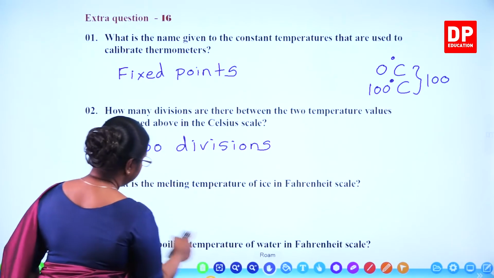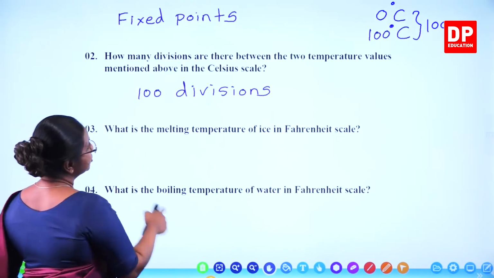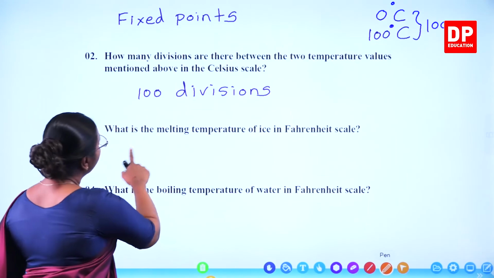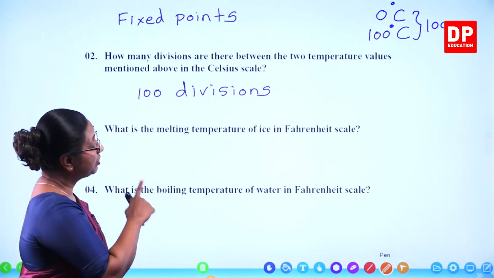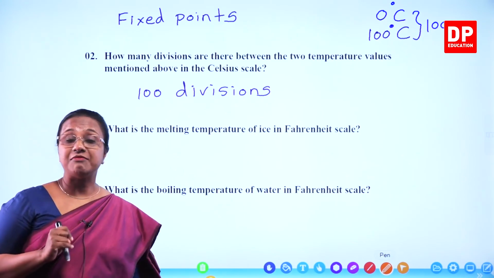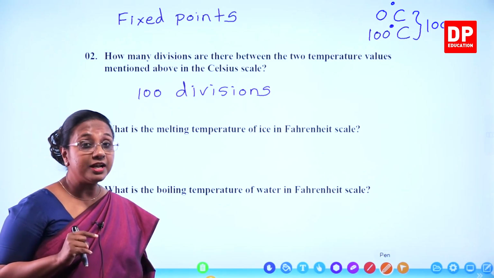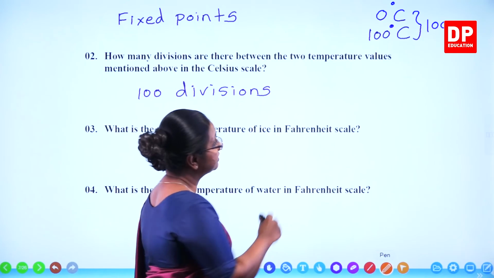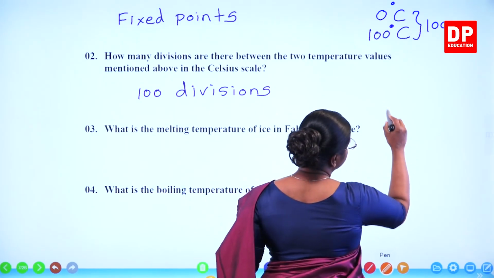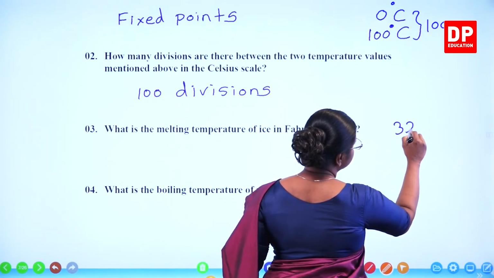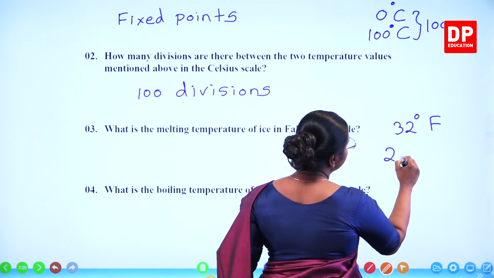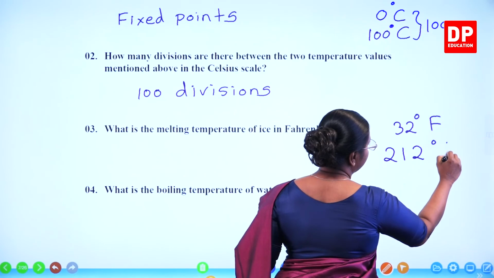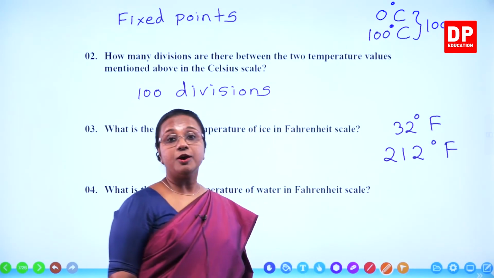Then, if we look at the next question, what is the melting temperature of ice in Fahrenheit? Now, you can remember Celsius scale and Fahrenheit scale, they are different values. In Fahrenheit scale, the temperature, that is the melting point of ice, is 32 degrees Fahrenheit. And if you can remember, 212 degrees Fahrenheit is the boiling point of water.